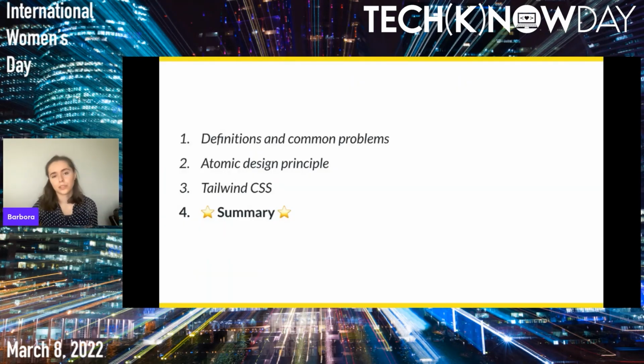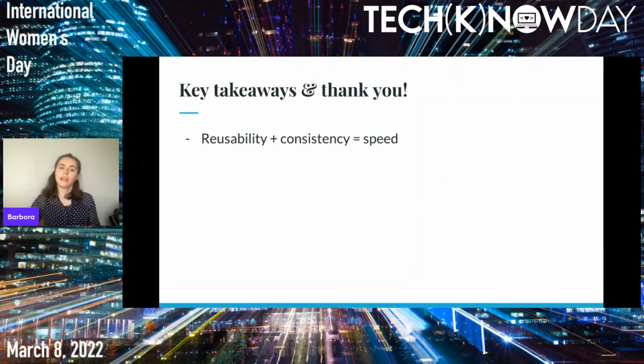So finally, moving on to the summary. The main key takeaway I would like you to take away from this is that if you implement reusability and consistency within your application well, it will speed you up in the long term.